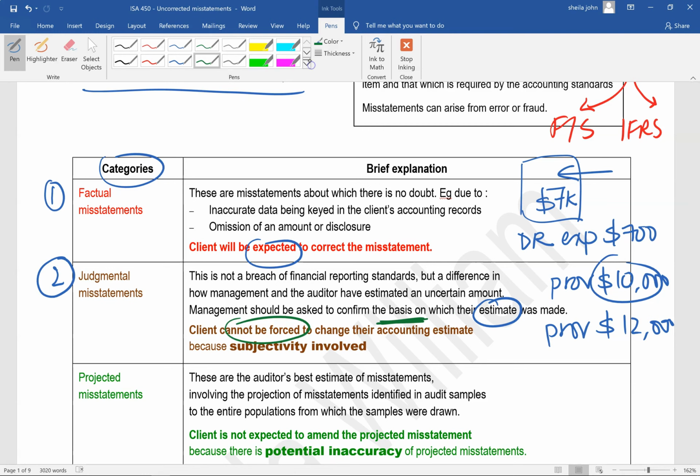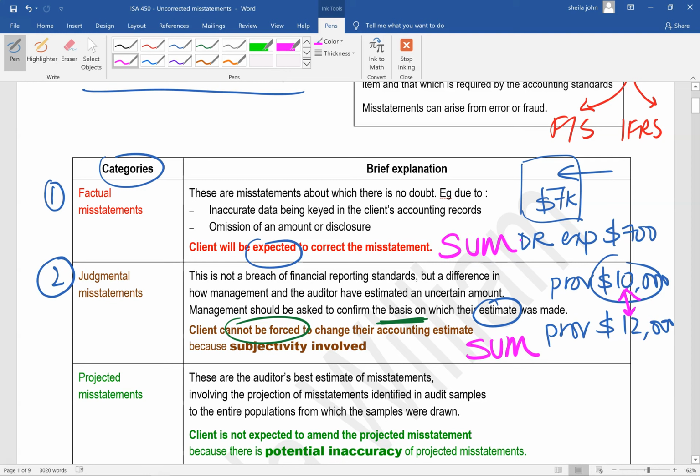Nevertheless, this figure, whatever difference that we have, like here there's a difference of $2,000, that will go into the summary of uncorrected misstatement. Just like here, the first one, factual misstatement, the $6,300, will go into the summary of uncorrected misstatements.